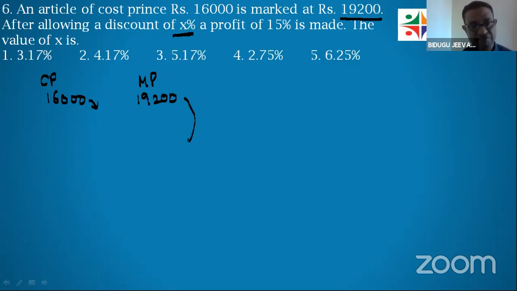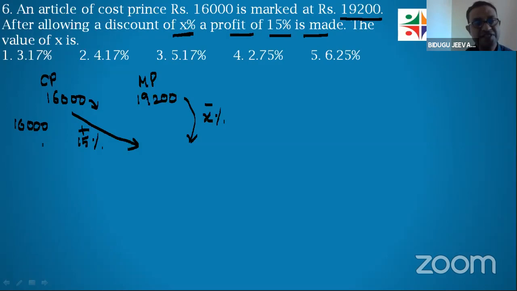Discount must be given from here. How much discount is given? X% is given. We don't know how much. But he made a profit of 15%. Profit can be made from cost price. It is nothing but 15%, right? So what is 15% of this one?